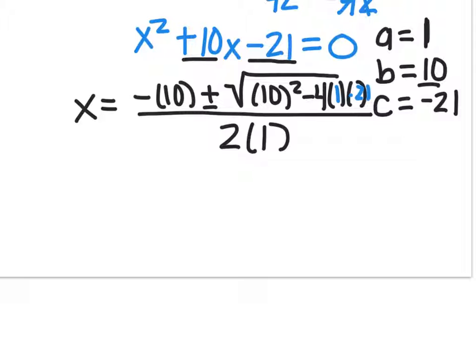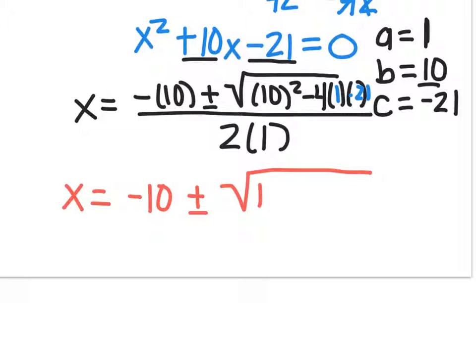All right, now I'm going to go ahead and simplify this. So I get x equals negative 10 plus or minus the square root of 10 squared is 100. And then I'm going to multiply all three of these together. When I multiply all three of these together, I get 84.